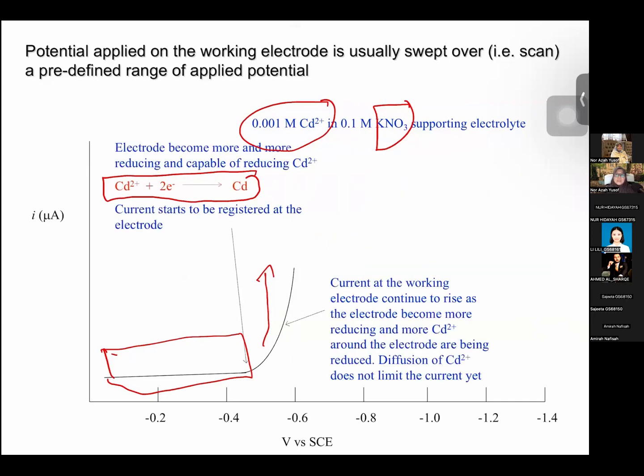Once the potential is enough, here you can observe the current increase. That's when the cadmium 2+ starts to reduce to cadmium, because now it has enough potential to do that. The current at the working electrode continues to rise as the electrode becomes more reducing and more cadmium 2+ around the electrode is being reduced.